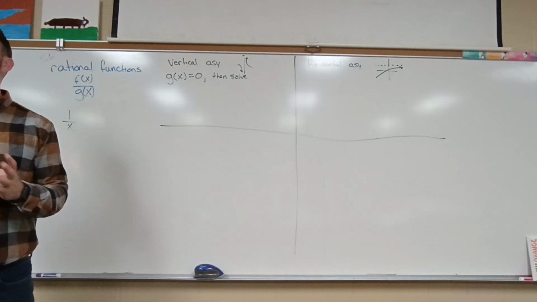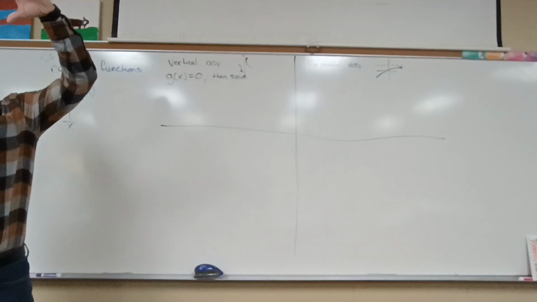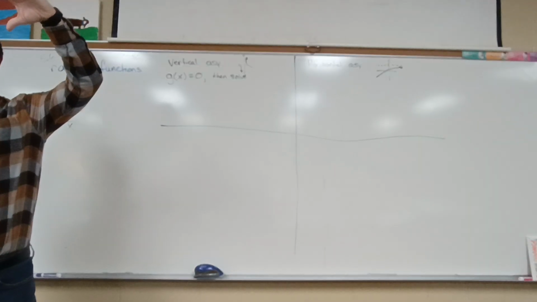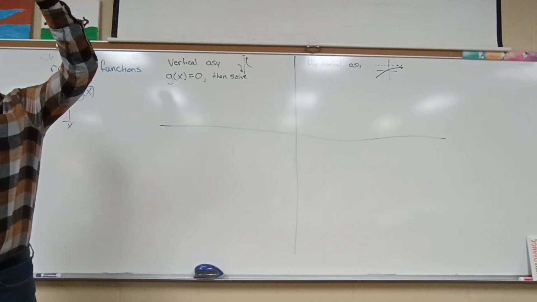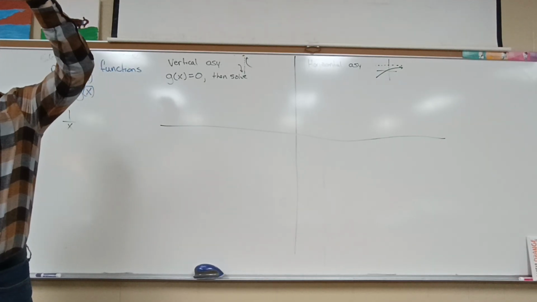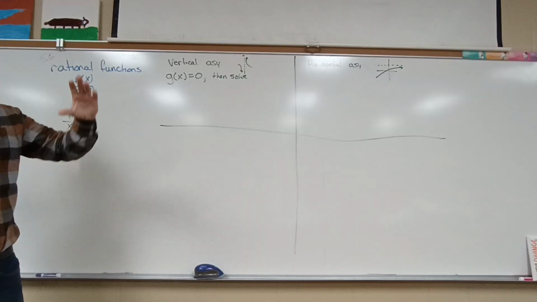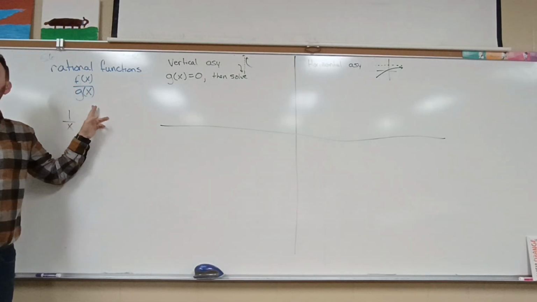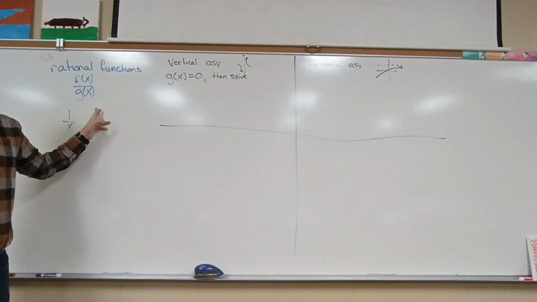If your power on the bottom is bigger, the bottom gets big really, really, really fast. What's a number over a really, really big number really close to? 0. It gets really small. So if the degree of the top is less than the bottom, your horizontal asymptote is 0.